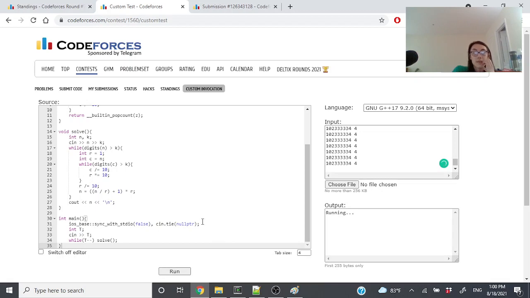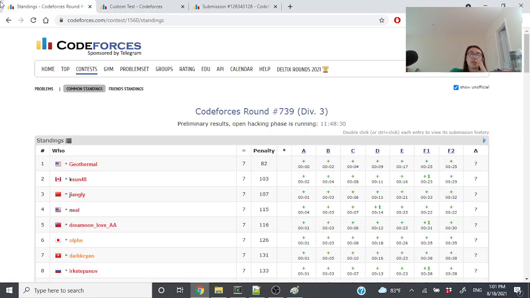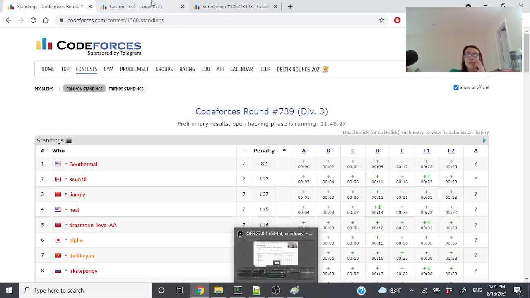Maybe it's optimized? Oh, it's like this. Okay. Wait, what is it doing? It's removing one digit at a time. Okay, it's something smart. Yeah, I don't know. I guess it's right there.